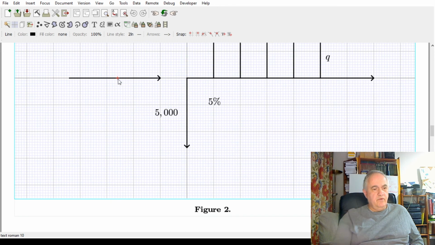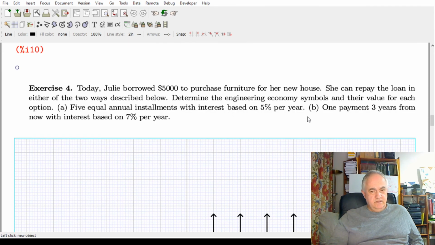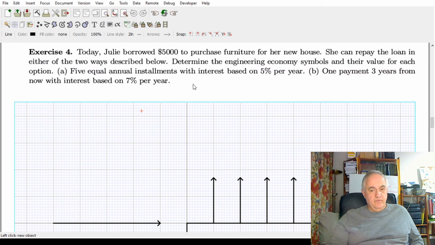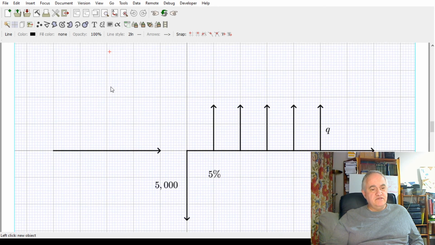And we have a different possibility of payments. That is one single payment in 3 years' time from now, okay, with an interest based on 7% rate of interest.